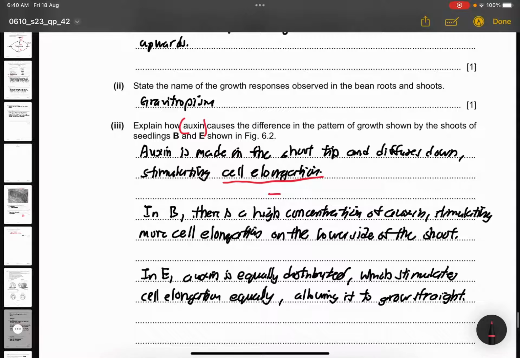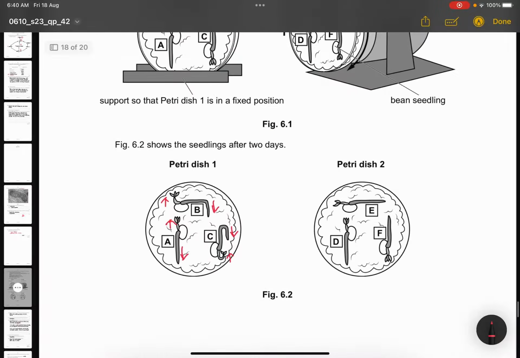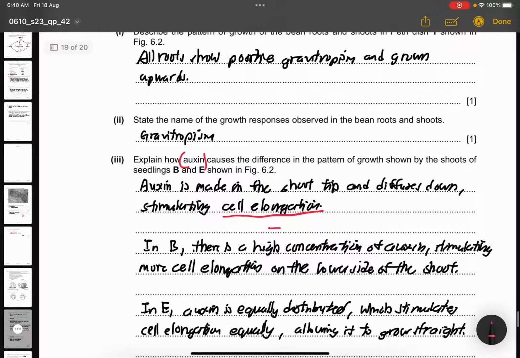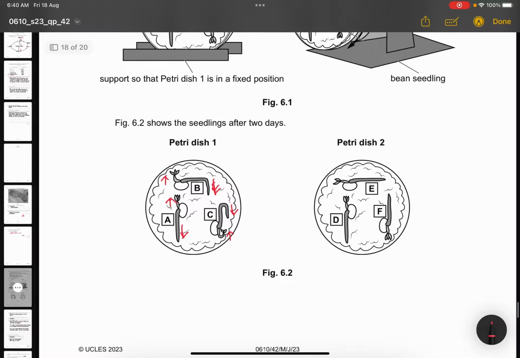So in seedlings B, there is a high concentration of auxin. This stimulates more cell elongation on the lower side of the shoot. So you can see that there is a higher concentration, so therefore it's going downwards. And in seedlings E, auxin is equally distributed, which stimulates cell elongation equally, allowing it to grow in a straight line.